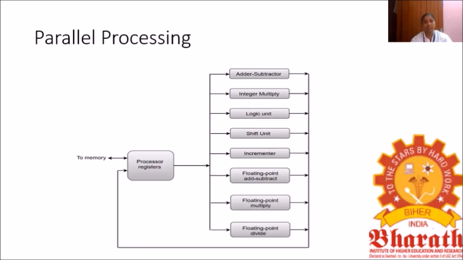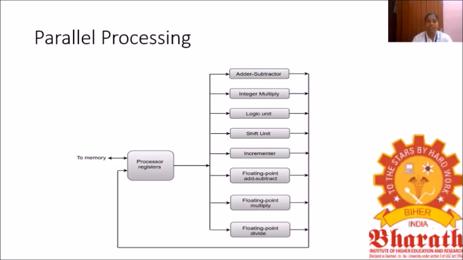It is separated into 8 functional units. A very big problem is separated into 8 subdivisions and given to these 8 functional units: adder, subtractor, integer multiply, logic unit, shift unit, incrementer, floating point add/subtract, floating point multiply, as well as floating point divide.